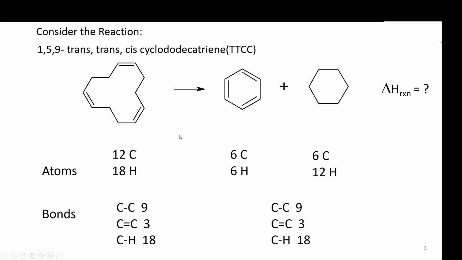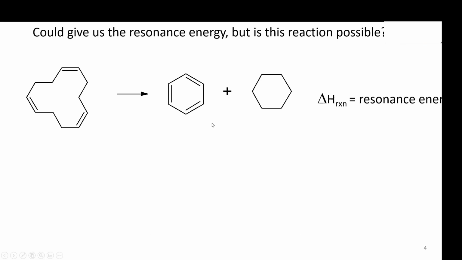So we can possibly use this equation to calculate the delta H and then figure out the resonance energy of benzene, right? Does that reaction exist? The answer is no, that reaction does not exist. So we need to use some indirect measure to figure out the delta H of that reaction.